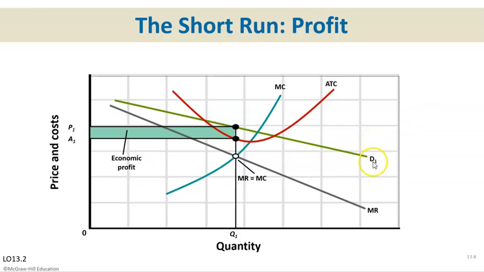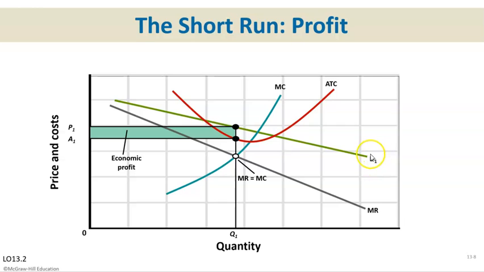They're actually sharing this demand curve with all of the other firms. So this demand curve right here is just their portion of the total market demand. If more firms enter, it means they have to share the total demand with more firms. So they're going to get a smaller piece of it.